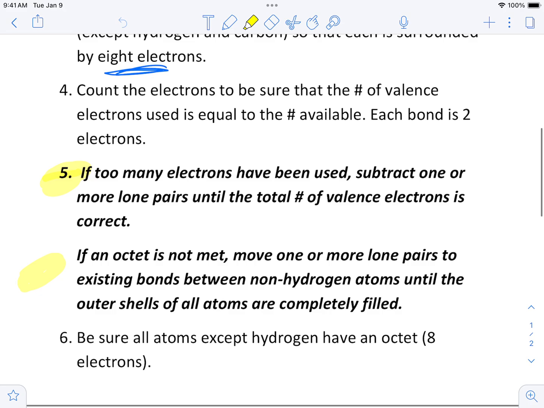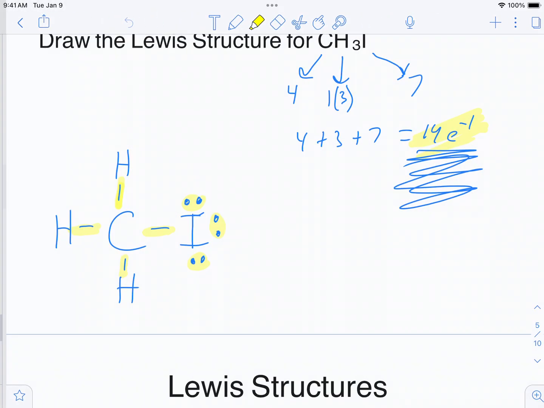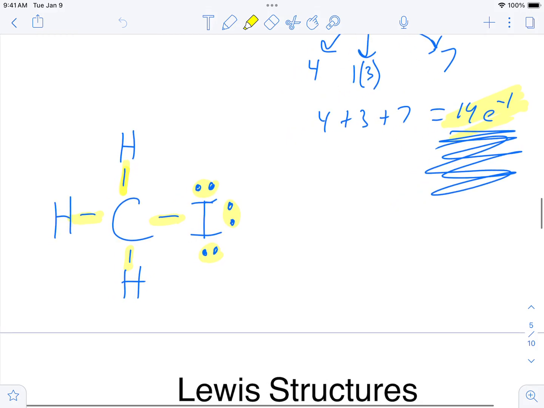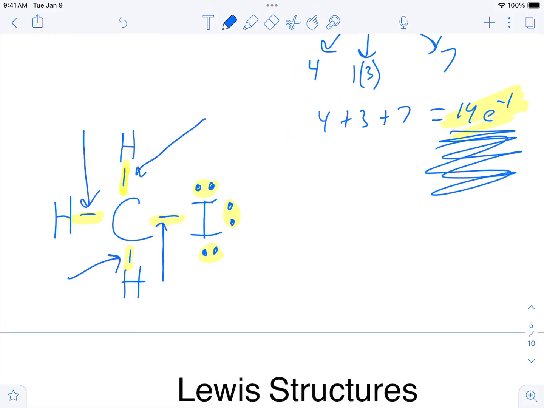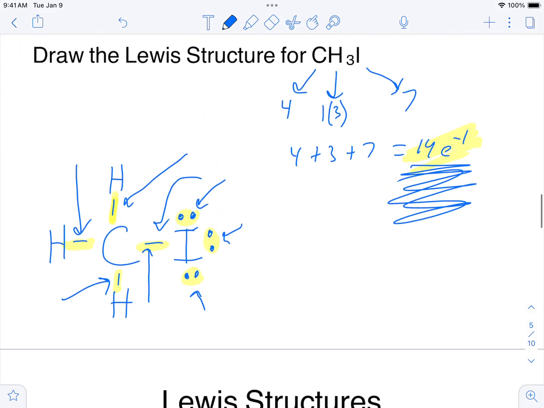And again, 5 is our exception rules, so we'll skip that for now. 6 says, be sure that all atoms except hydrogen have an octet, meaning 8 electrons. Notice carbon has 2, 4, 6, 8 electrons around it, and iodine also has 2, 4, 6, 8. This is the correct Lewis structure.